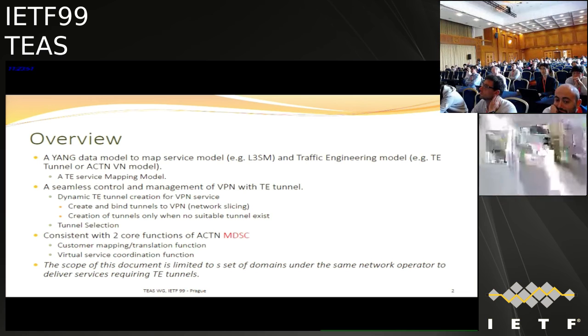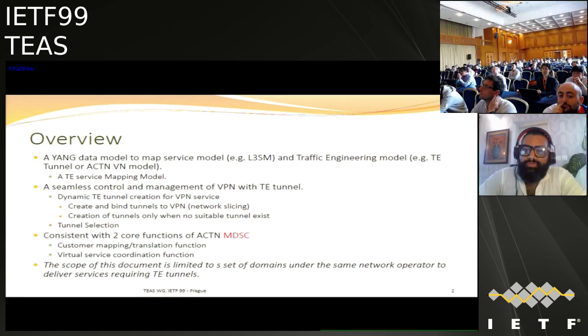This is consistent with the MDSC framework as well, and you would see that the new framework update has an appendix which talks about how L3 VPN can be set up and what is the relationship with the ACTN VN. We also clarified that the scope of this mapping model is similar to the scope of L3SM.